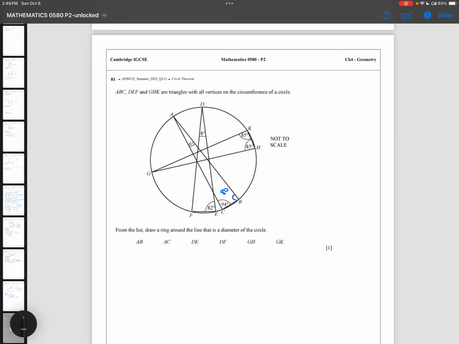So this is also not a diameter. Let's check it out for DE now. In triangle DEF, angle D is 8, angle E is 82. So the angle F will be 90 degrees because the sum of angles in a triangle is equal to 180. So now DE is subtending an angle of 90 degrees. We can see that. So this is our diameter because a diameter subtends an angle of 90 degrees on the circumference of a circle.